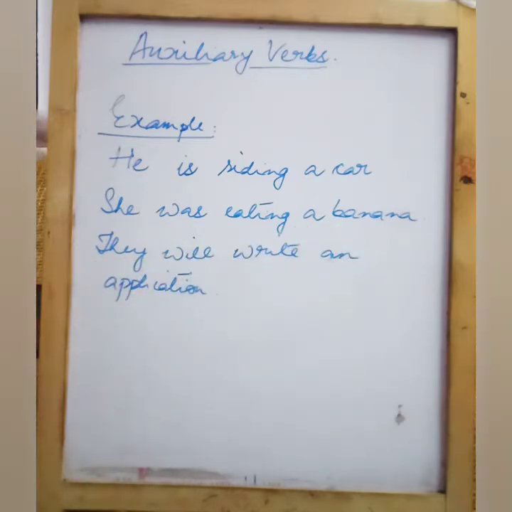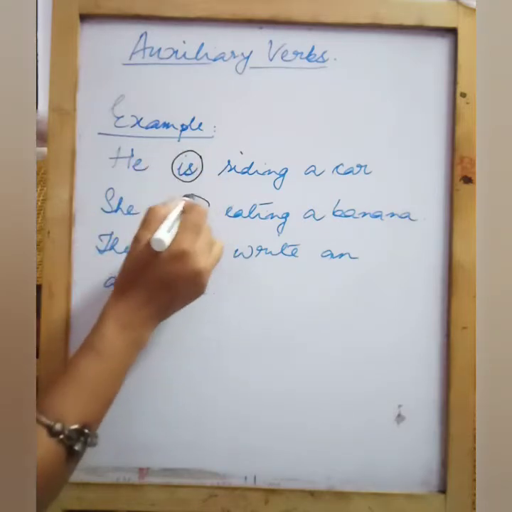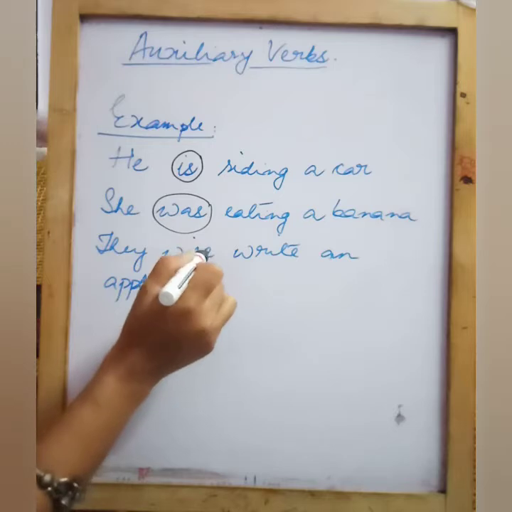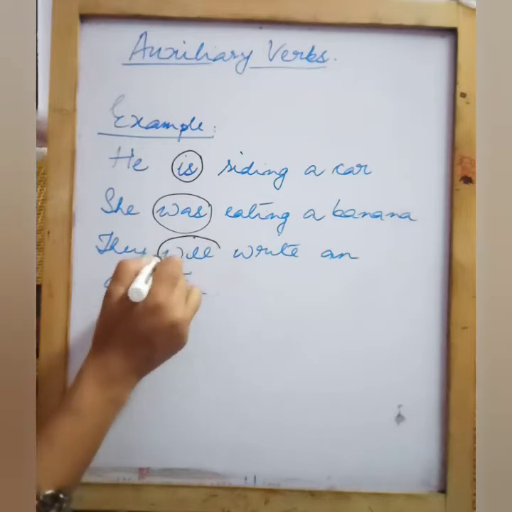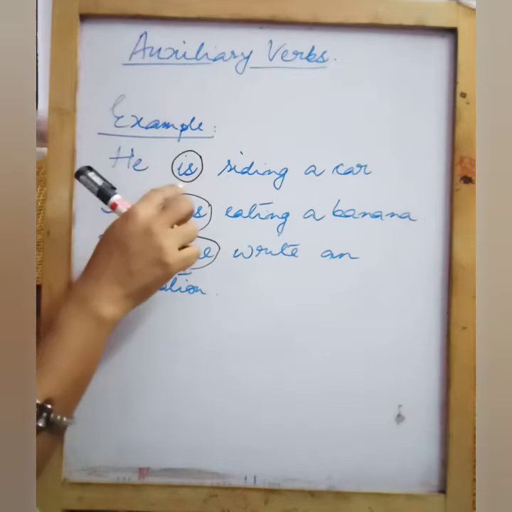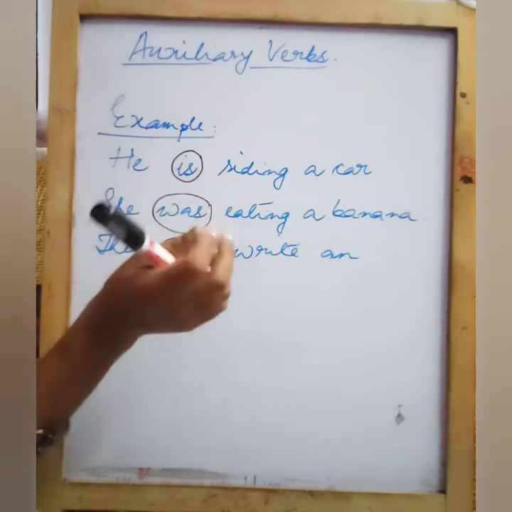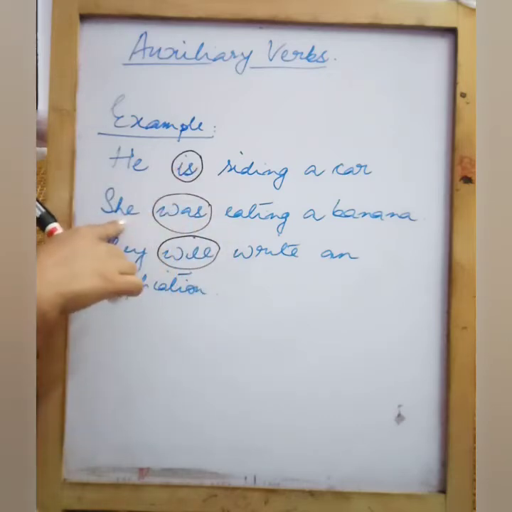Now you see here these words: is, was, will. What are they saying? First of all, he is. It is singular. Is means present tense. He is riding. She was. This is also singular.